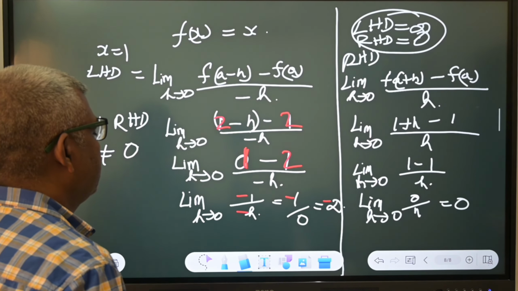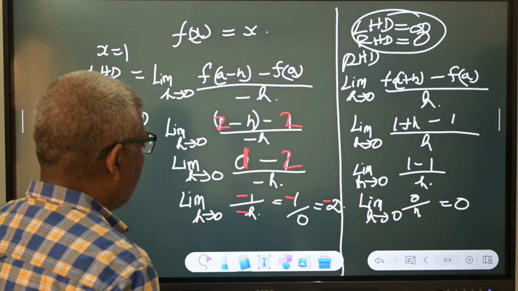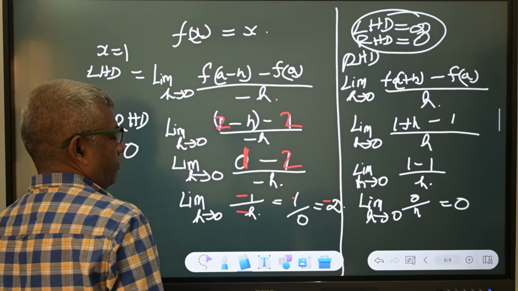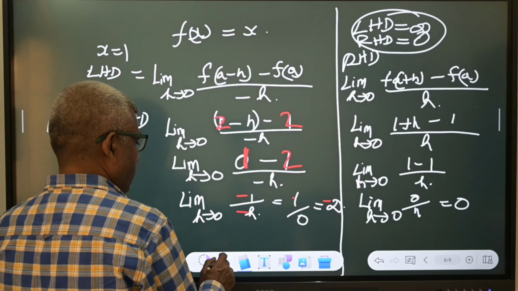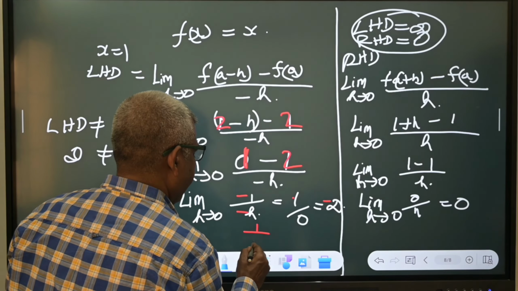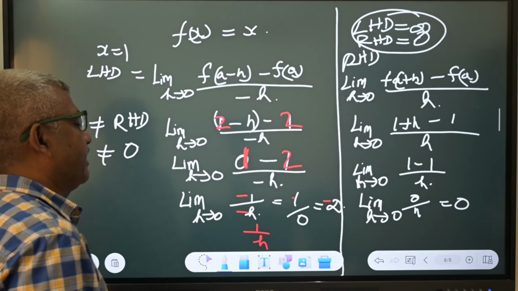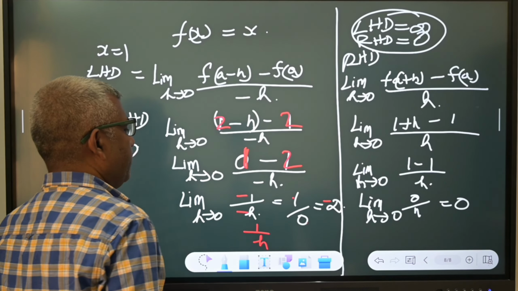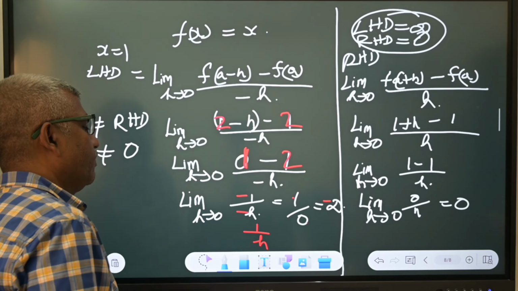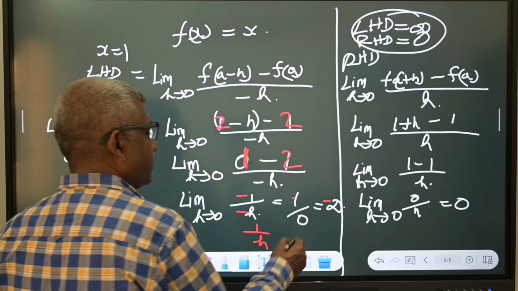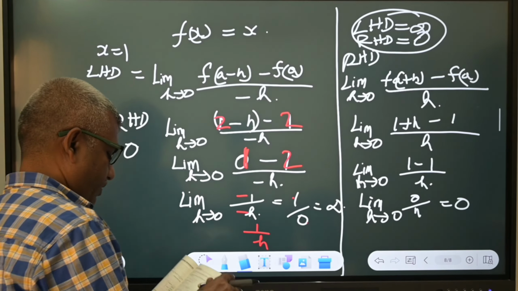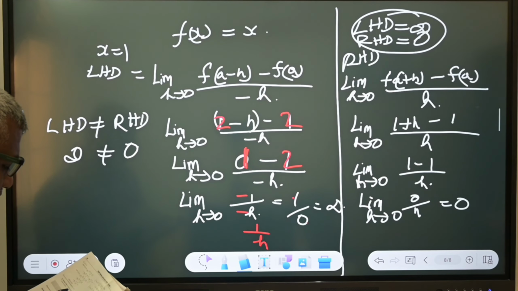Then minus 1 by minus h is 1 by h, because minus minus will be cancelled. As h is 0, 1 by 0 is infinity. So for x is equal to 2, the left hand side is infinity.